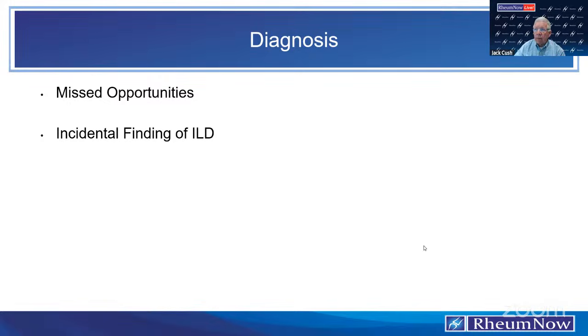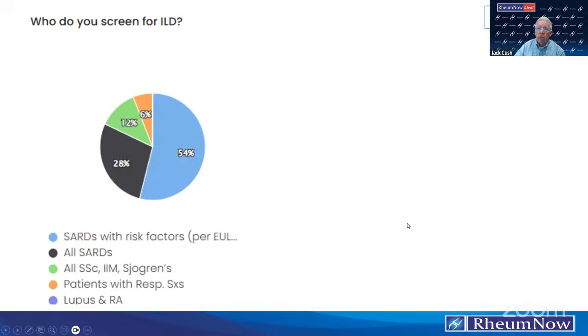So our next question: I asked the audience, again mostly rheumatologists, who do you screen for an ILD? And the answers were in favor of SARDs, and that's systemic autoimmune rheumatic diseases.